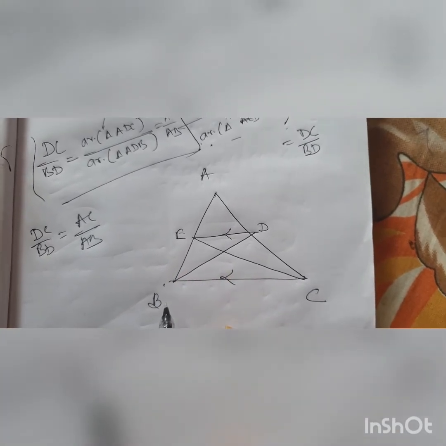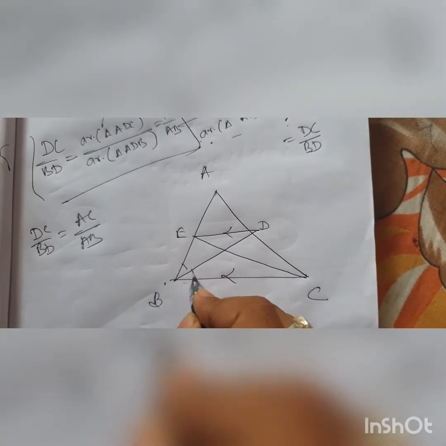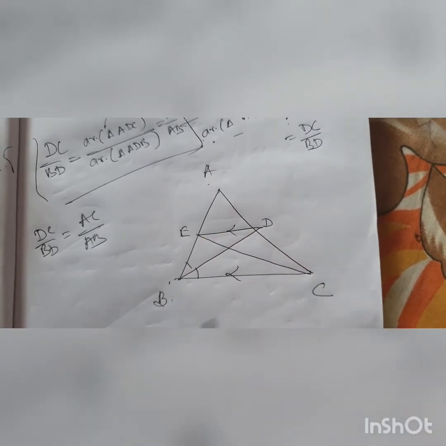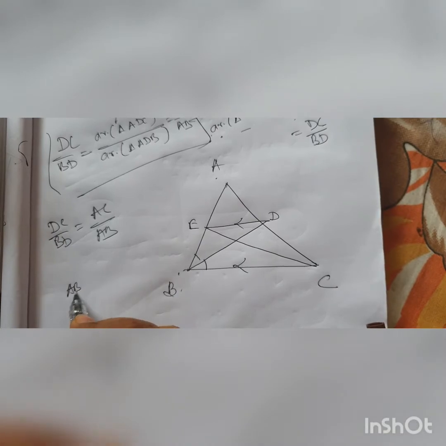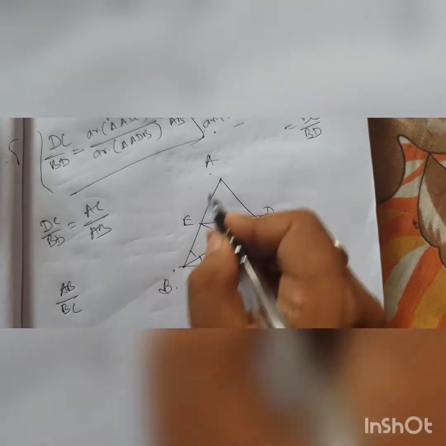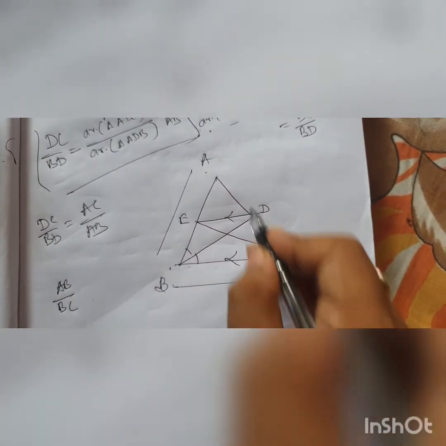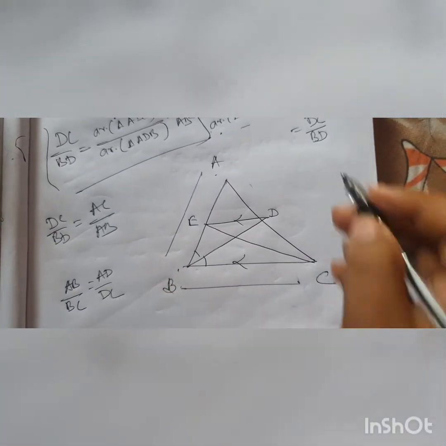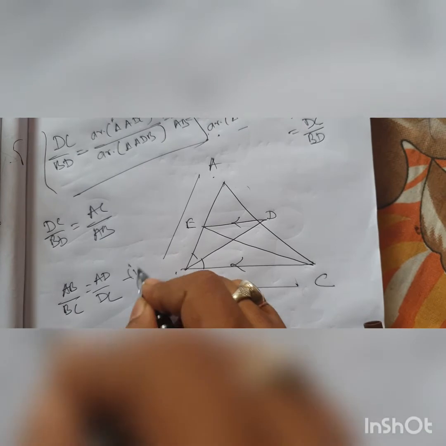See, at first, because this is the angle bisector, if you look at the triangle from this side, BAC, you get AB by BC equals AD by DC. Fine. Suppose we keep this as 1.